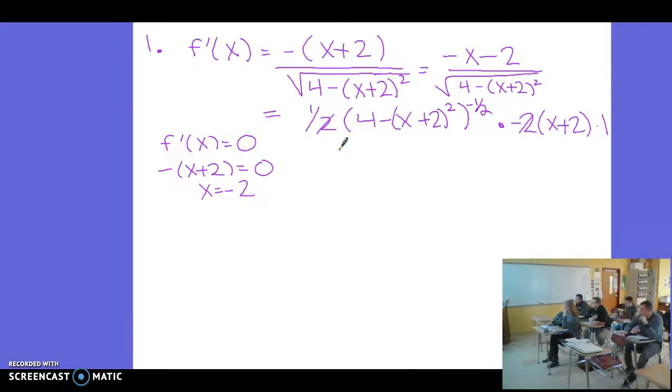And f prime of x does not exist when the denominator equals 0, because that would give you your vertical asymptotes. The domain comes from the original, but your zeros come from the numerator and the denominator equaling 0 separately.